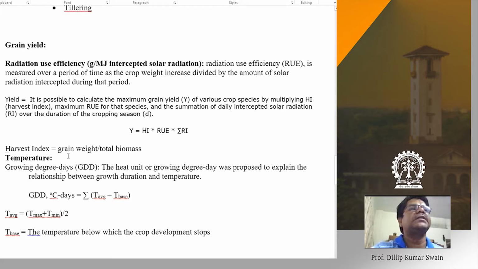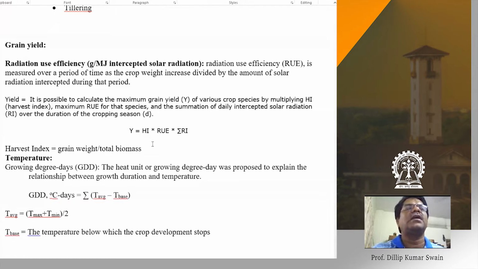Yield is the harvest index, that is, how much economic part you get from the total biomass. Suppose your total biomass is 10 ton per hectare and the economic part is 8 ton per hectare, then the harvest index is 8 by 10, so 0.8. If the harvest index is known for a particular crop, it is fixed, because how much of the total biomass comes to the grain portion is almost in a reasonable range.